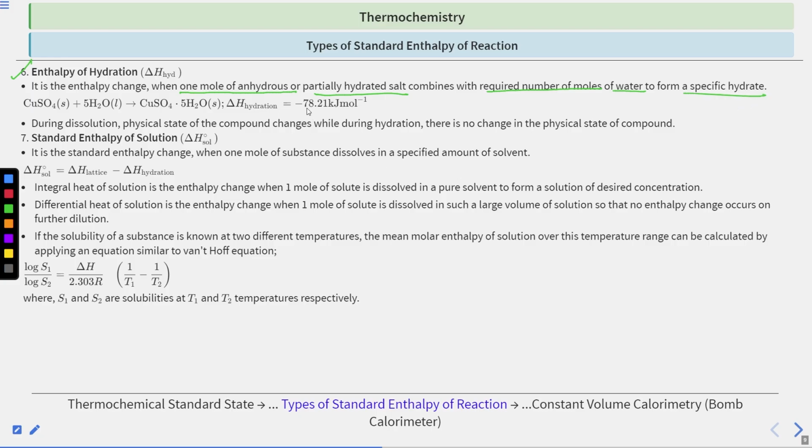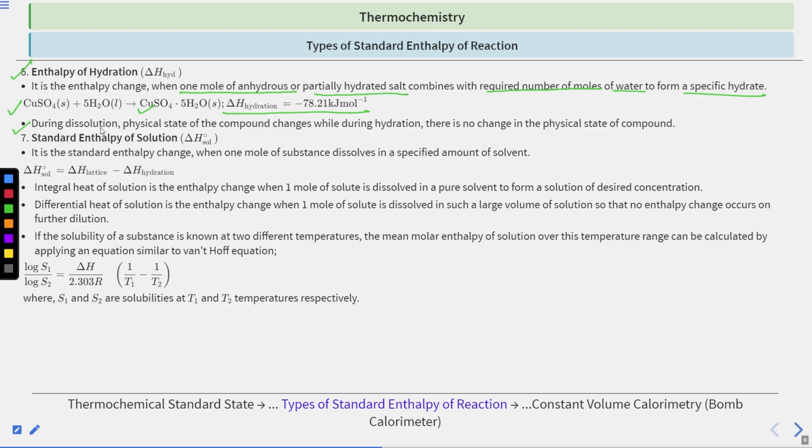So when an anhydrous or a partially hydrated salt combines with a given number of water molecules to form the hydrate, the enthalpy of hydration will be used. So in this reaction, you can see copper sulfate reacting with 5 molecules of water, giving this complex CuSO4.5H2O, right? And here the delta H hydration is minus 78.21 kilojoule per mole.